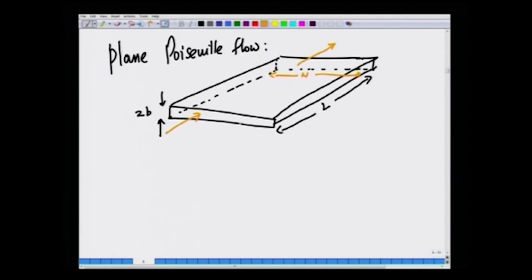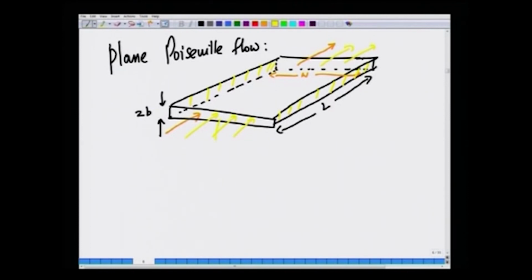And the reason why fluid is flowing: imagine that the ends of the channel are closed, the sides of the channel are closed, that is they are also rigid walls, and the top and bottom of course are rigid walls, and there is a slit, a gap in which fluid is entering, and there is a gap outside where fluid is leaving. And why is the fluid flowing?